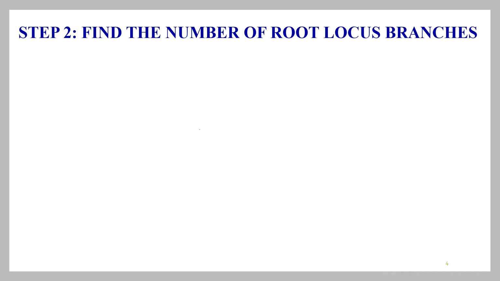The second step is to find the number of root locus branches. The number of root locus branches is represented by the symbol n. Capital P represents the number of poles, and capital Z represents the number of zeros. Usually a proper polynomial is one which has the denominator power greater than the numerator power. So it means P will be greater than Z. This will be the usual scenario.